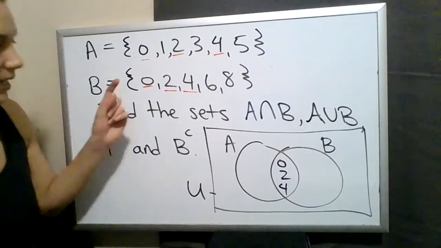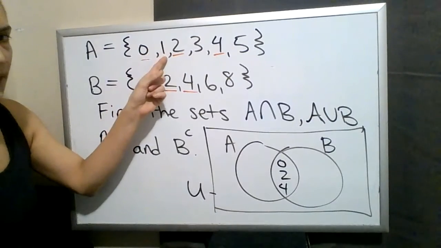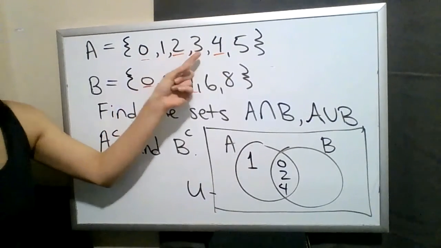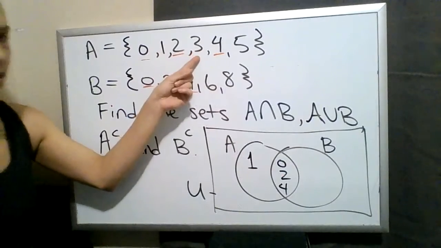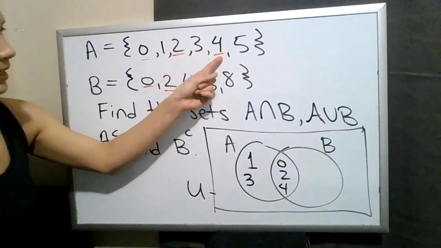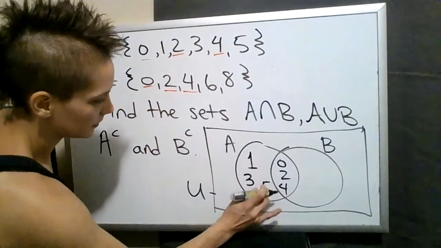Let's finish set A. We have 0 taken care of. 1 is in the set A, but not the set B. 2, right there. 3 is also here in set A. 4 is already taken care of. We need 5. And that's that set.